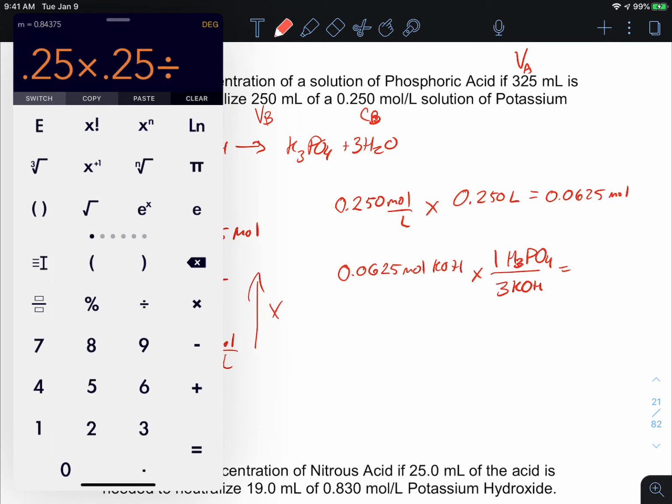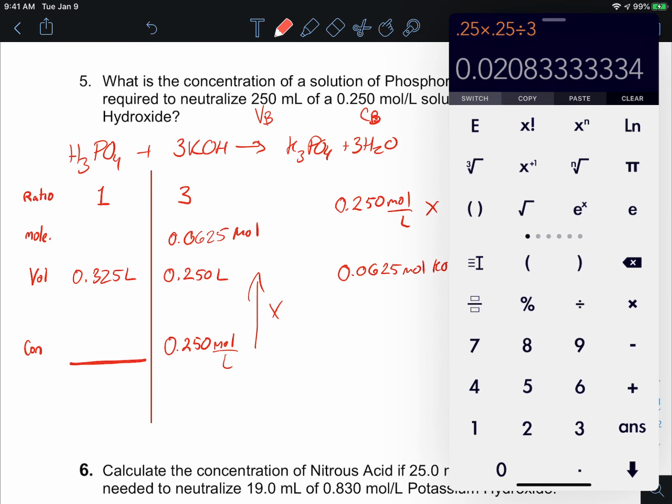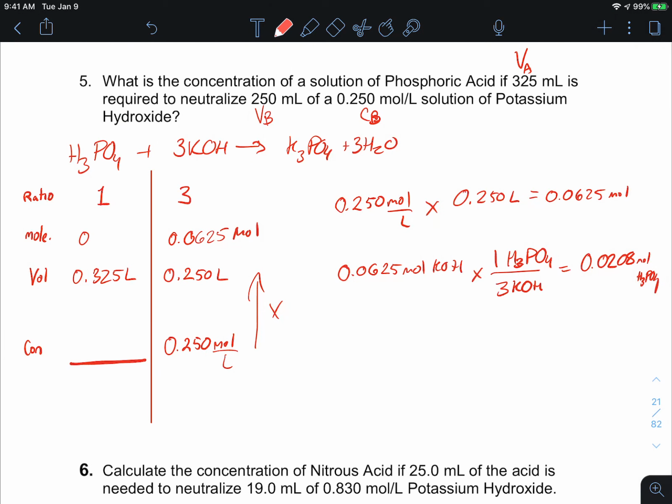I'm just going to continue on. And so that's going to give me 0.0208, and that will be moles of H3PO4. 0.0208 moles.